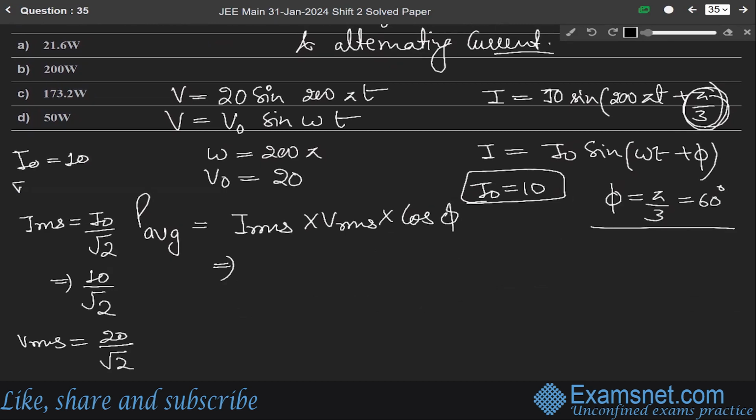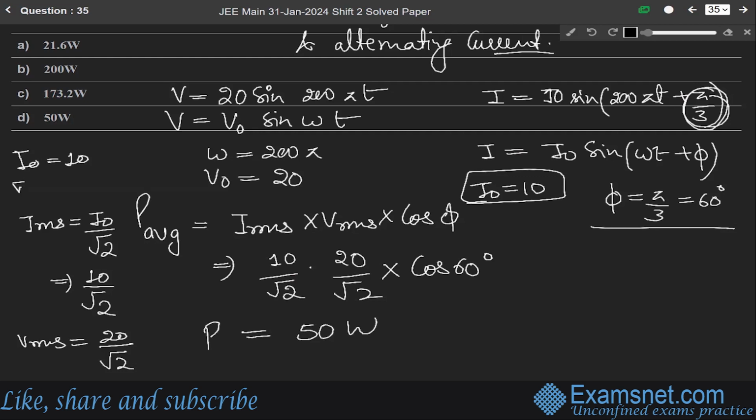So I RMS will be 10 by root 2 and V RMS will be 20 by root 2 into cos phi, which means cos 60 degree. So it will be equal to 50 watt. So average power will be 50 watt. So the correct option is option D.